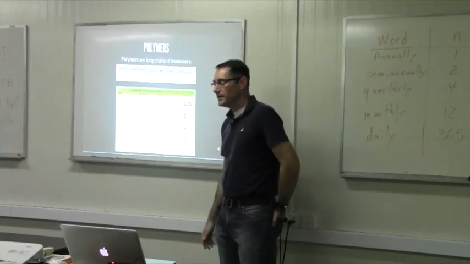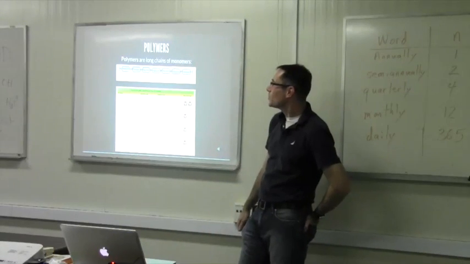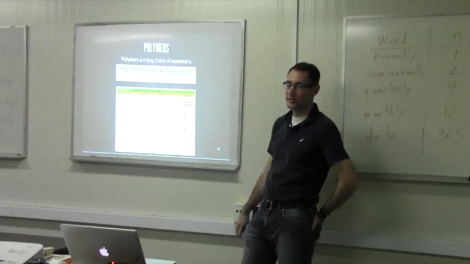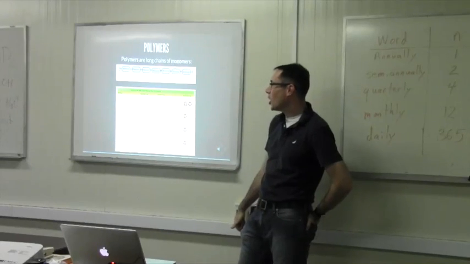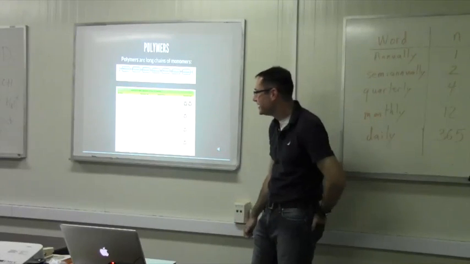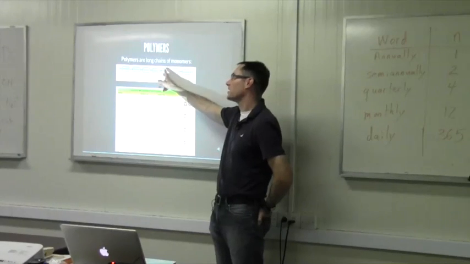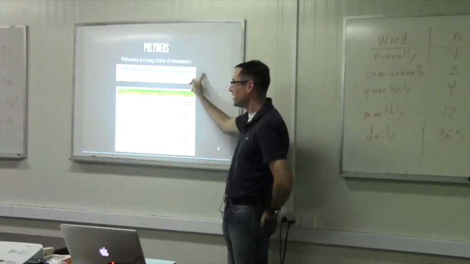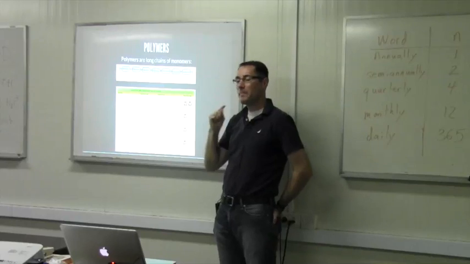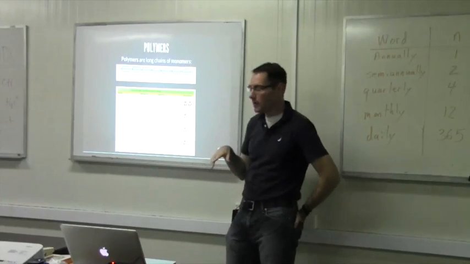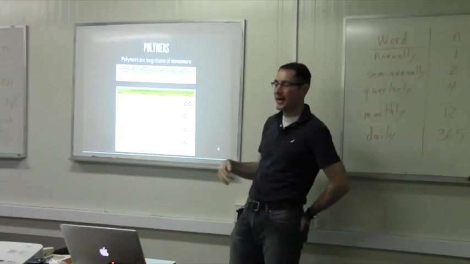All right, and then finally, we have these things called polymers. Polymers are long chains of monomers. Monomers are just little carbon groups that are strung together like this. Polymers are important because they are generally things like plastics.